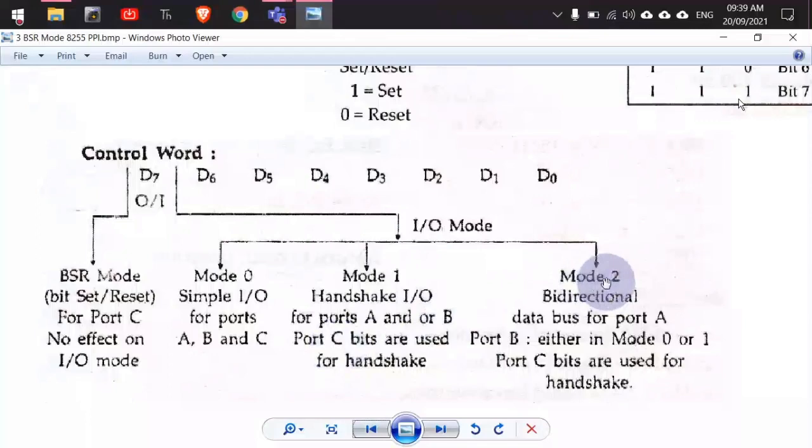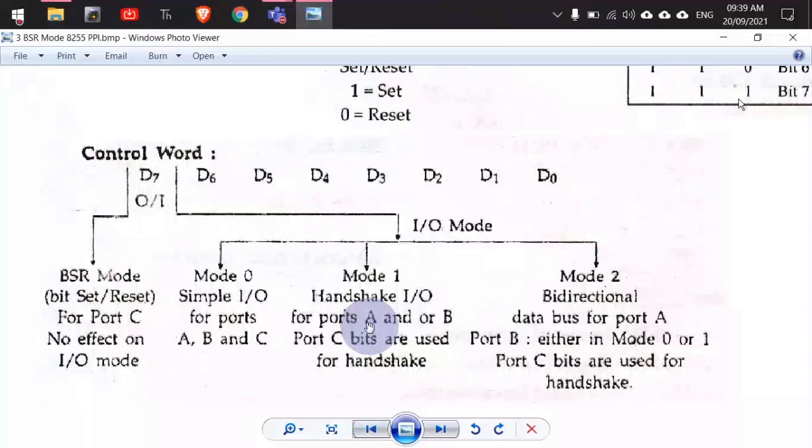One peculiarity of mode number 1 is that port A or port B, when you connect the device, they are fixed as either input port or output port, right? You cannot change them meanwhile in the running program, right? So you might have seen those older ports for interfacing your keyboard or mouse to your computer. They are input ports only. You cannot take any output from them.